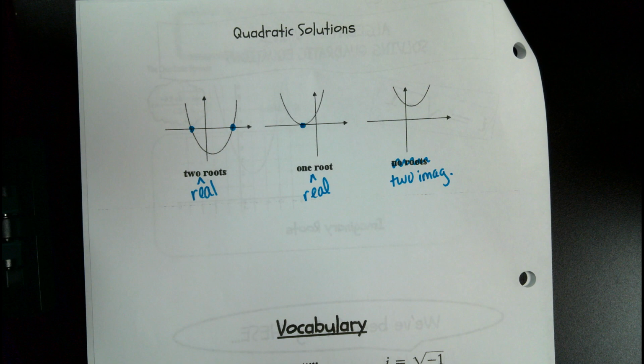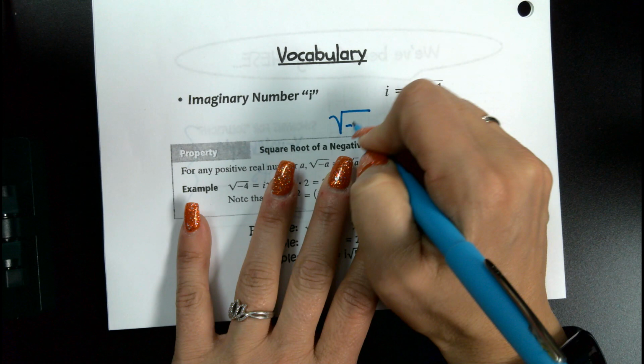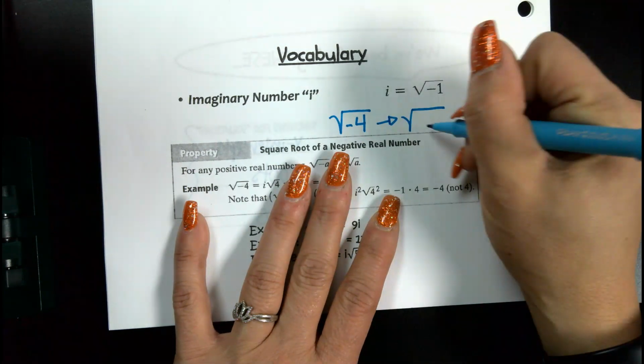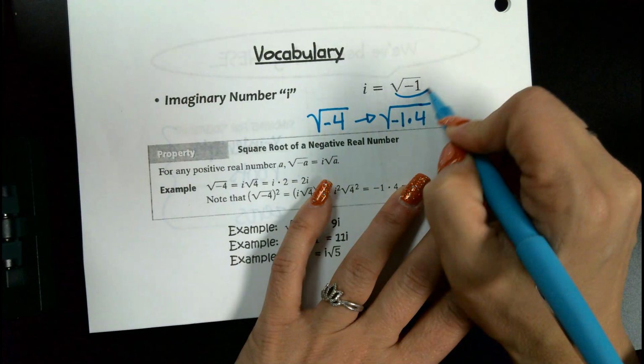Down here at the bottom, i represents the square root of -1. So for instance, please watch. The square root of -4, this is what I would do. It could be -1 times 4, right? Well, we know the square root of -1 is i.